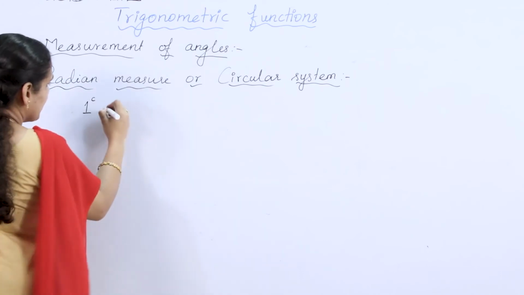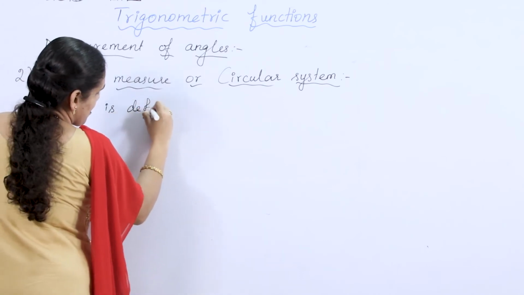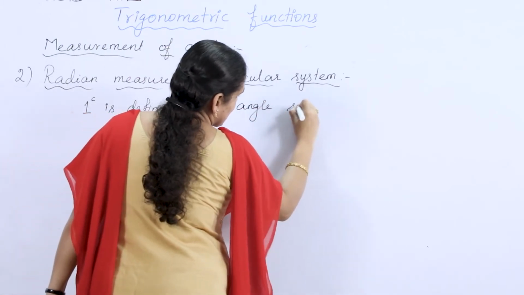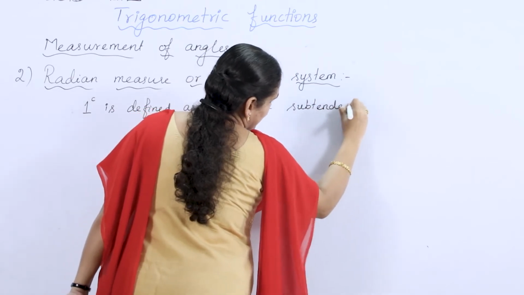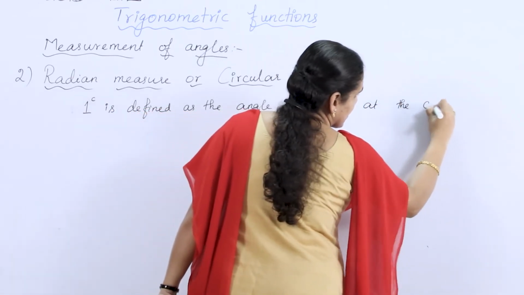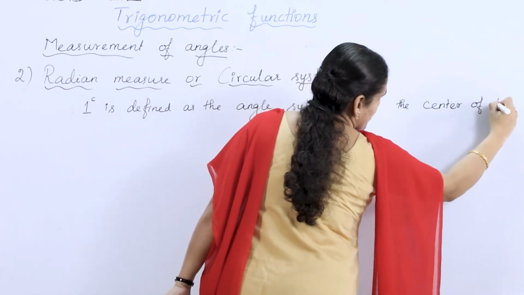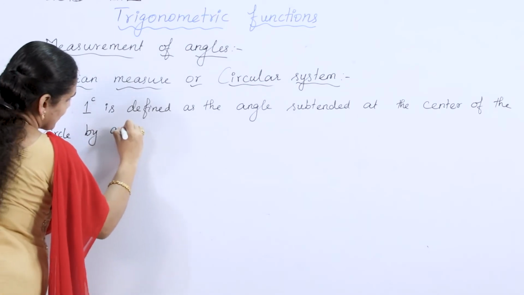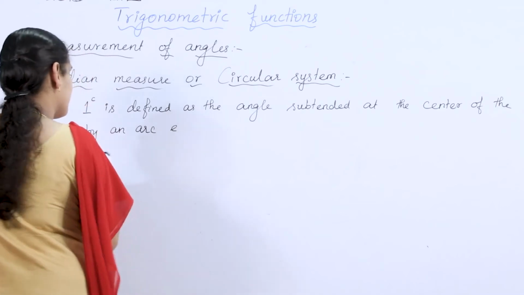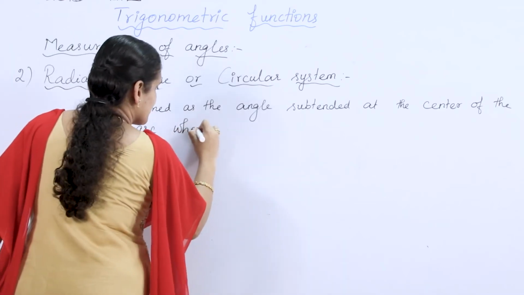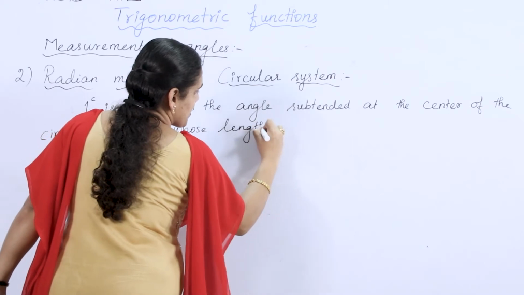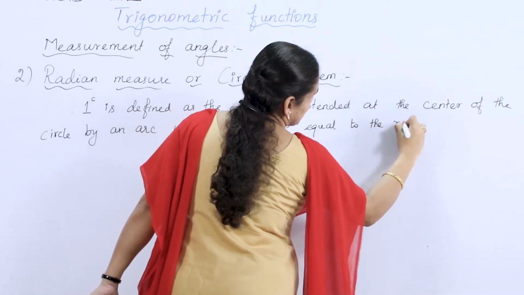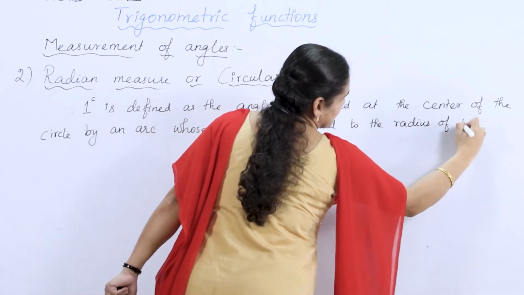Okay. 1 radian is defined as the angle subtended at the center of the circle by an arc whose length is equal to the radius of the circle.